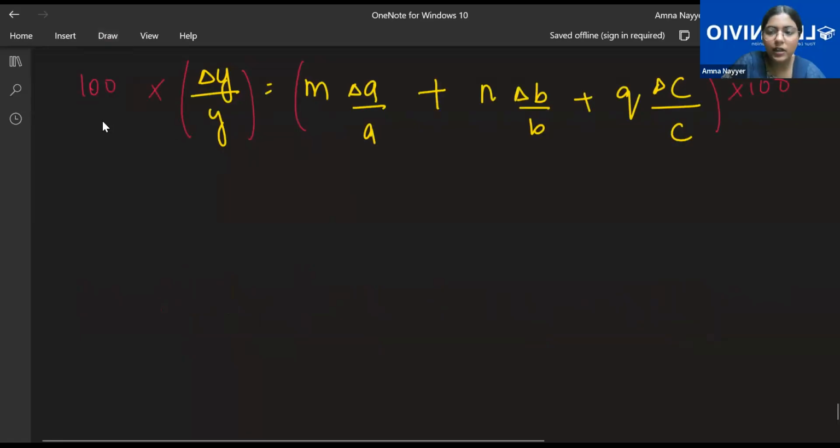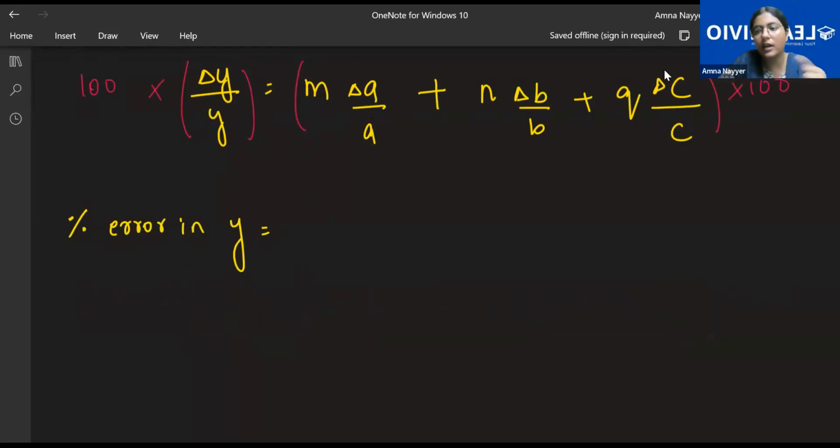Look, what will I actually get? Delta y by y into 100. See, delta y by y is the fractional error. Remember? And if we multiply it by 100, what do we get? Error percentage. Yes. So percentage error in y is equal to m times delta a by a into 100.